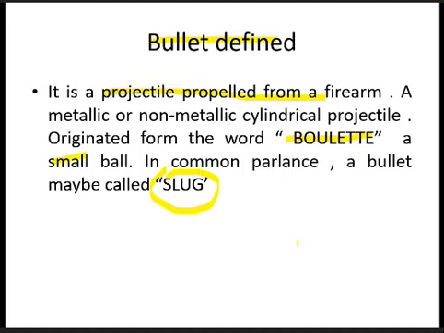When it hits the target, or when it comes out of the barrel of the firearm, it is already considered as the slug. Okay, so that is bullet, equated with the word slug.